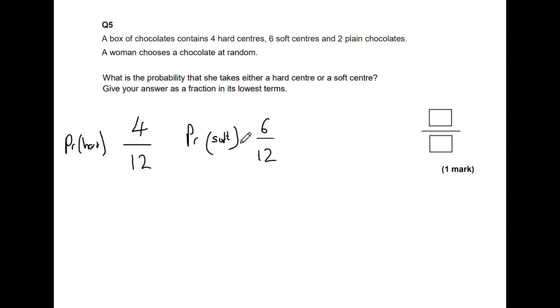So the probability of a hard or a soft is you add those two together, so it's 4 out of 12 plus 6 out of 12, which will give you 10 out of 12. And we can now simplify this, so you can divide the top and the bottom by 2 because they're both even numbers. So you've got 5 out of 6.